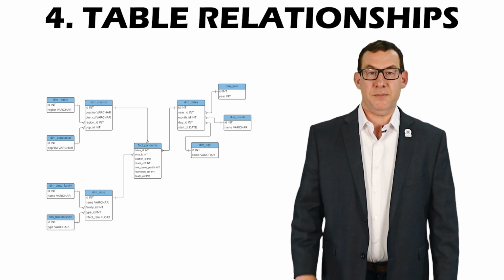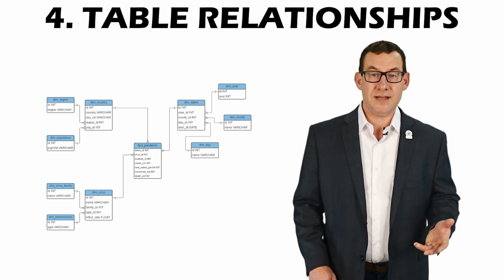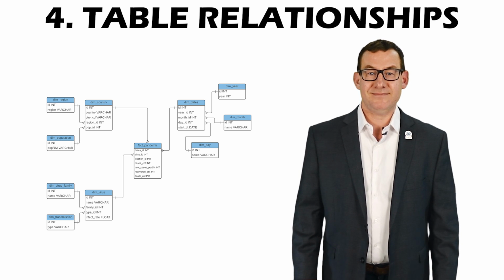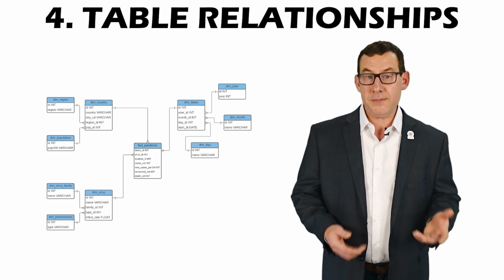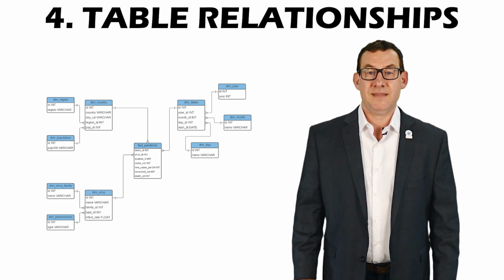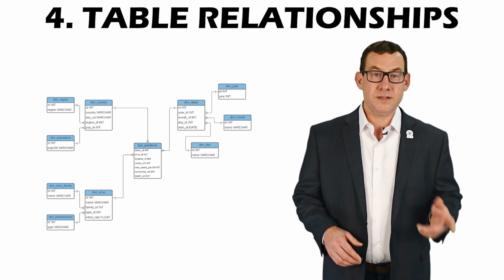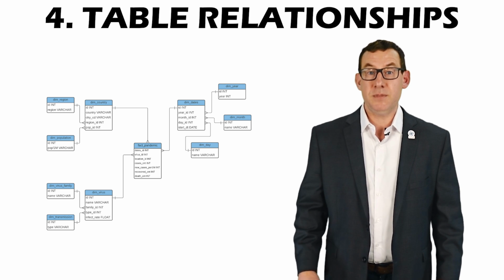Step 4 of database design. Specify primary keys and analyze relationships. Choose a primary key for each feature class and table. Define relationships, such as one-to-one, one-to-many, and many-to-many between tables.